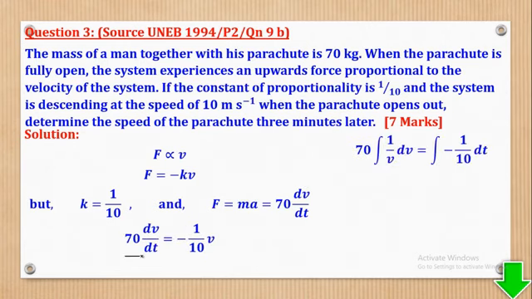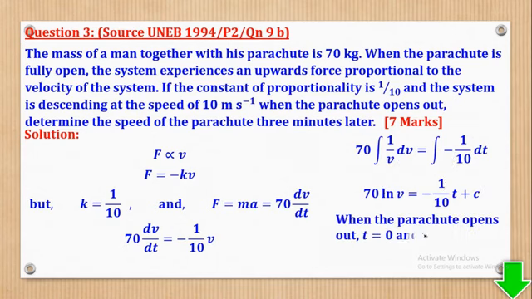Now this is a separable differential equation, so separate variables and put integrals on both sides. When I integrate, I'll come up with this is that and this is that plus the constant. So when the parachute opens out, t is equal to 0 and v is equal to 10. So I'll substitute for t and v.